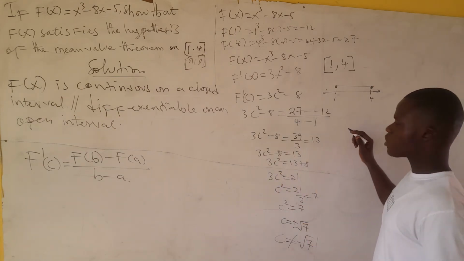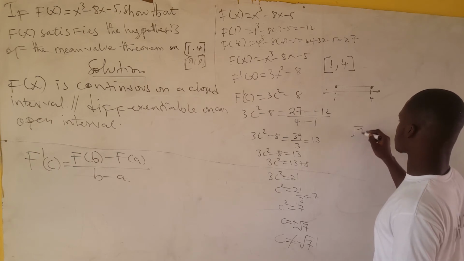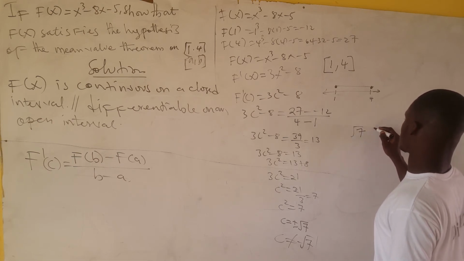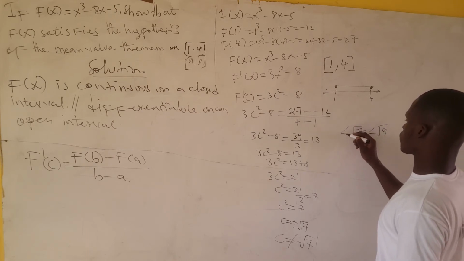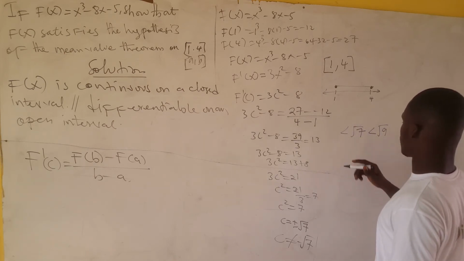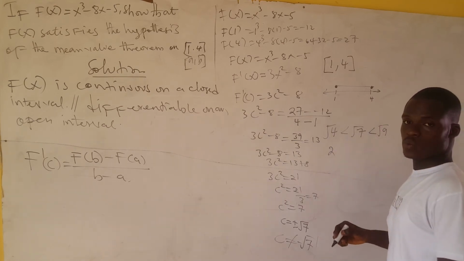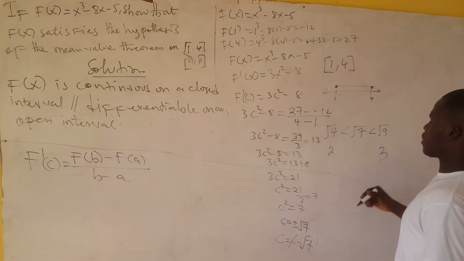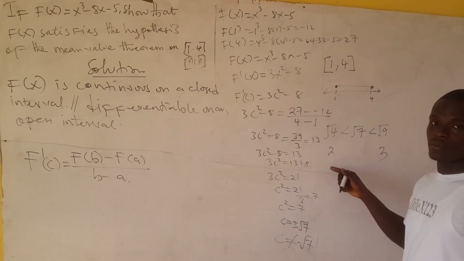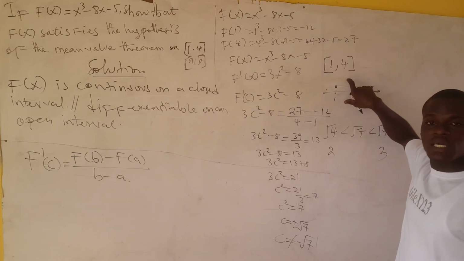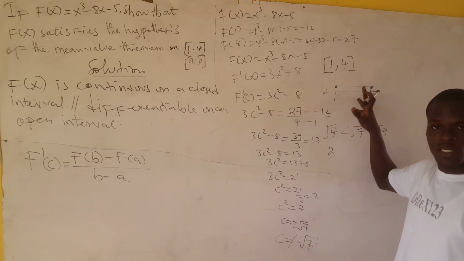Root 7 falls between root 4 and root 9. Now root 4 is 2, and root 9 is 3. Means that no matter what, the answer for root 7 will be between 2 and 3. And 2 and 3 fall within the given range, right?